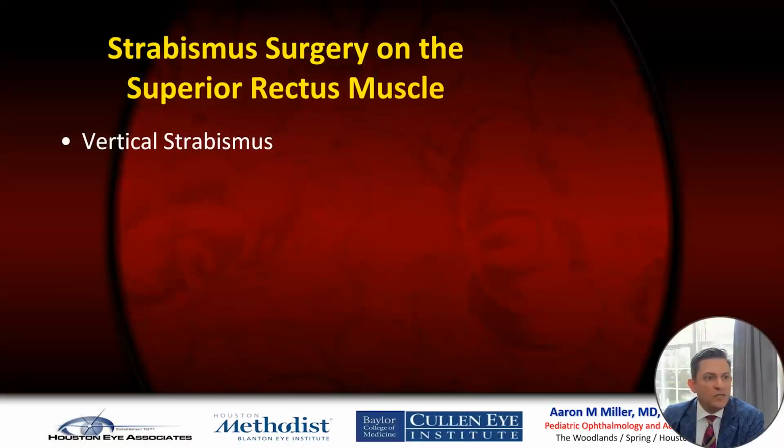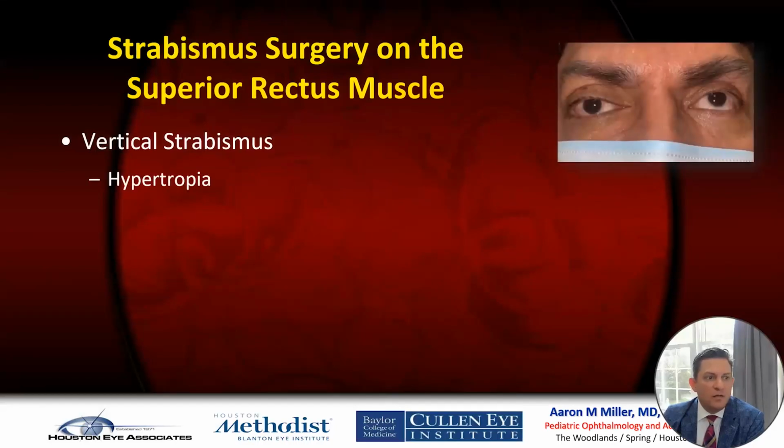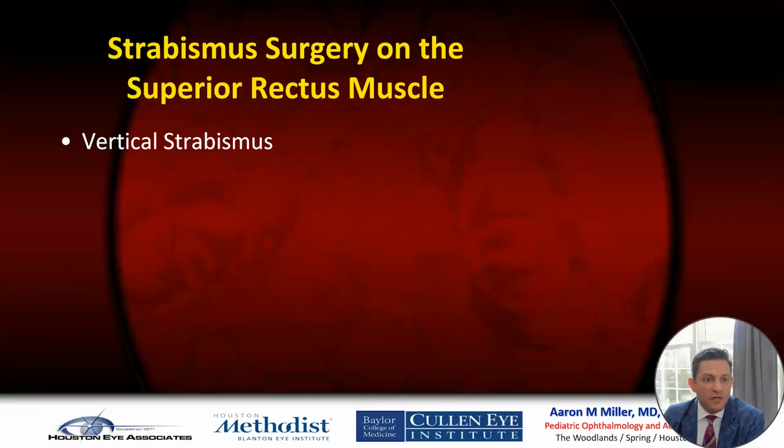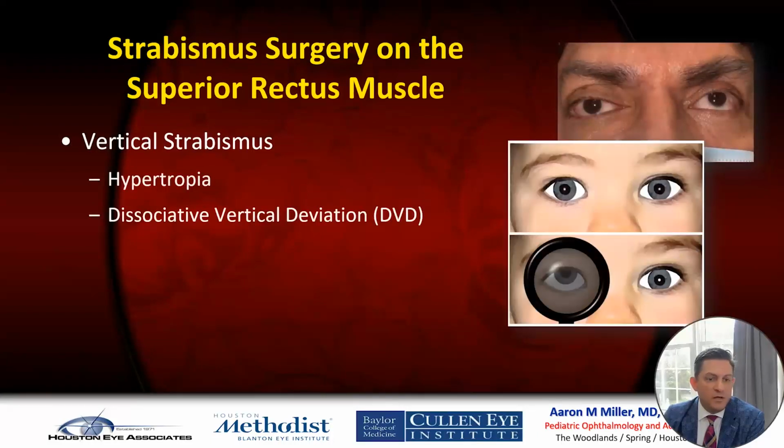So, strabismus surgery on the superior rectus muscle. The obvious use is for patients with vertical strabismus. In this example, you can see in the upper right there's a hypertropia, but superior rectus surgery has also classically been done to address dissociative vertical deviations, as you can see in the depiction now, where the right eye floats up with occlusion.